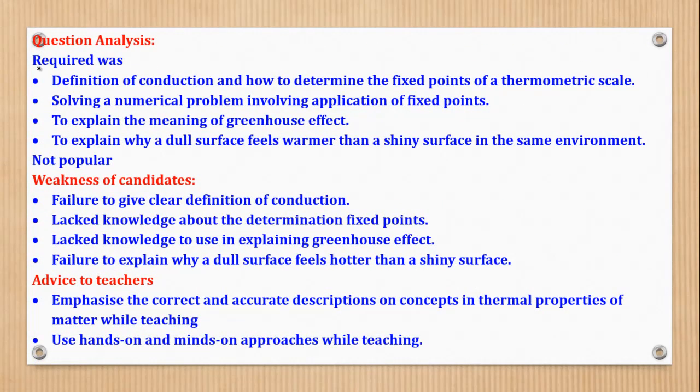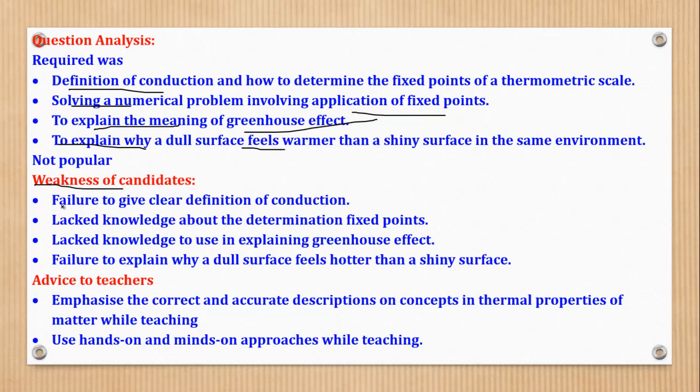So, still on question analysis. The question required definition of conduction and how to determine fixed points of a thermometric scale, solving numerical problems involving application of fixed points, explaining the meaning of greenhouse effect, and explaining why dull surfaces feel warmer than shiny surfaces in the same environment.